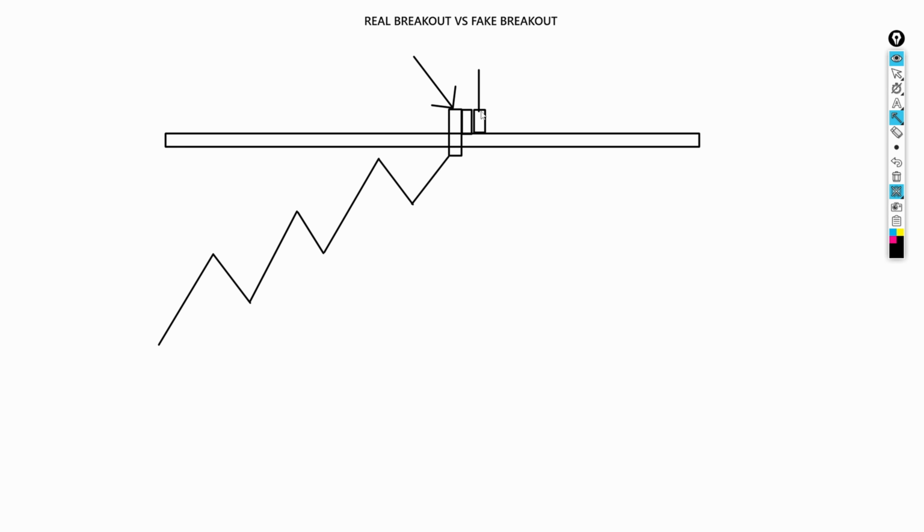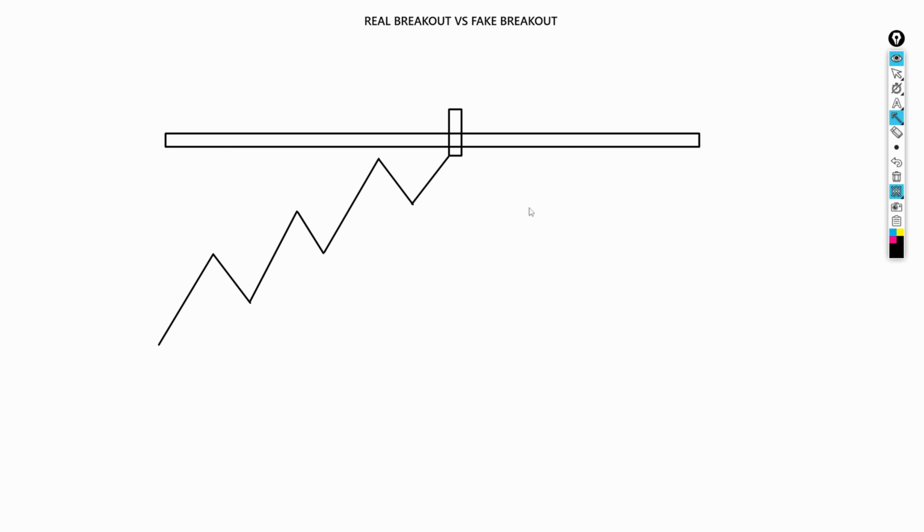You will find the candle closing below, and once you have this, you can't be sure if this is a real breakout or a fake out. You need a clear break in the upside direction, then only can you expect that the price will move in the upside direction. So that is how you can spot a real breakout.